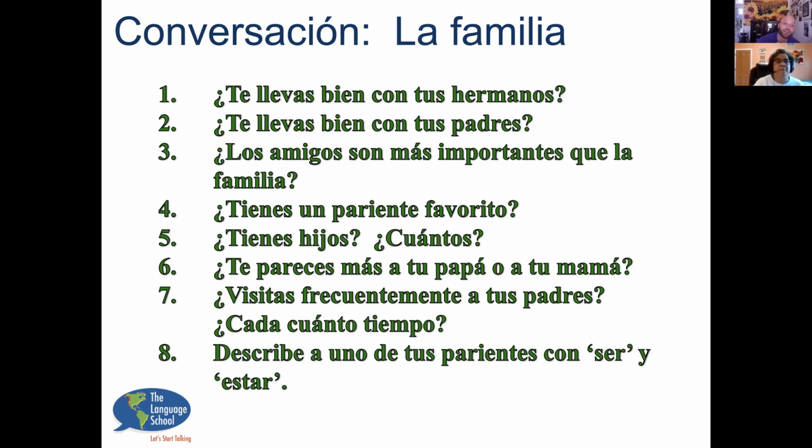¿Los amigos son más importantes que la familia? No, mis amigos no son más importantes que la familia. ¿Tienes un pariente favorito? Who's my favorite relative? Do you have a favorite relative?